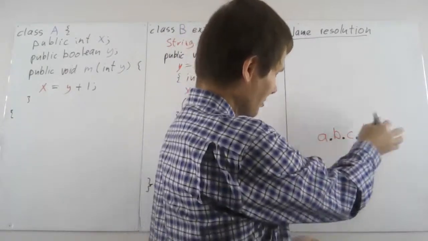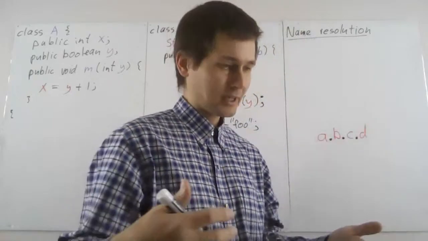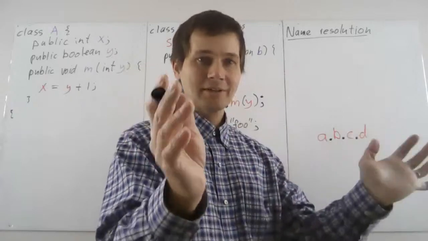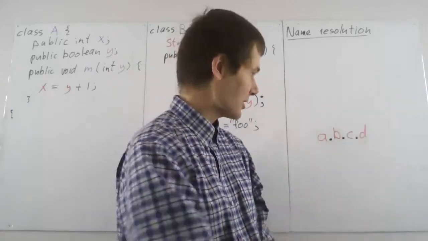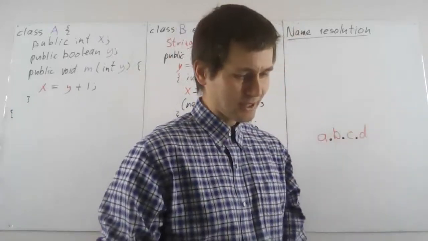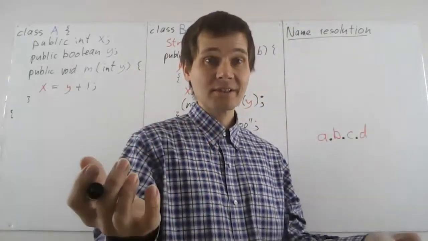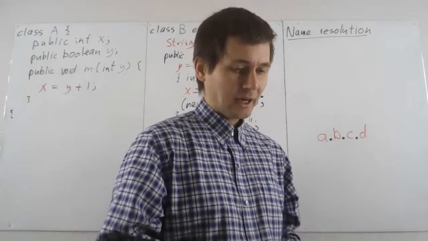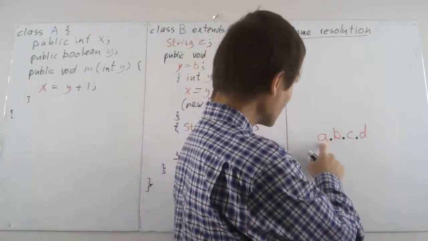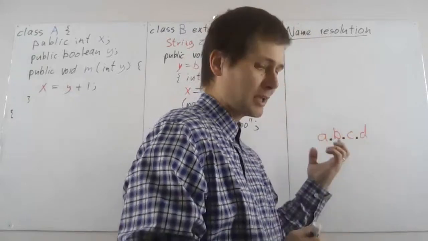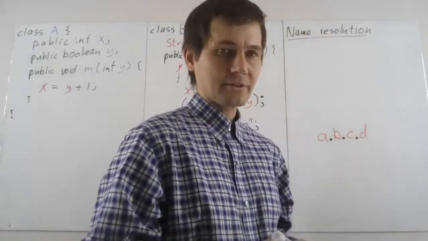A, B, C, D are some names of things. And in the middle of some expression, you see A.B.C.D. And the question is, what does this mean, right? And where do I find the A and the B and the C and the D? What do these names actually refer to?